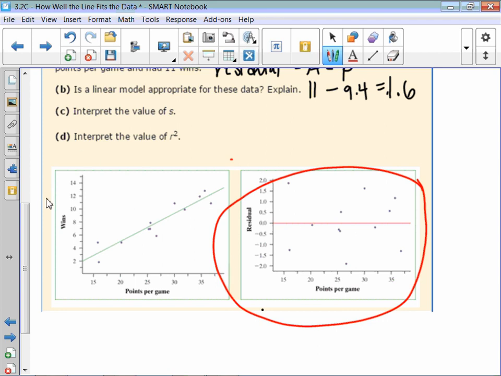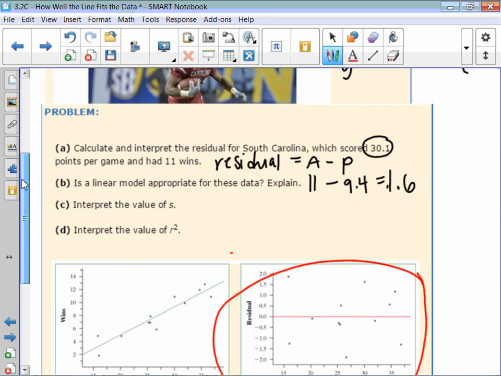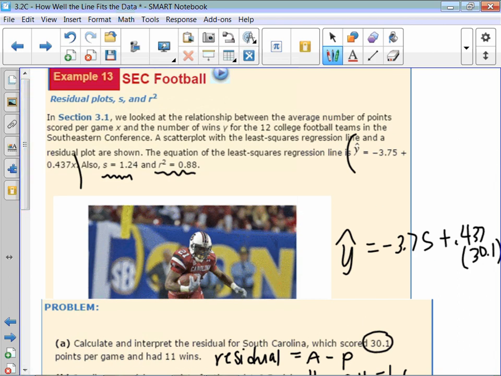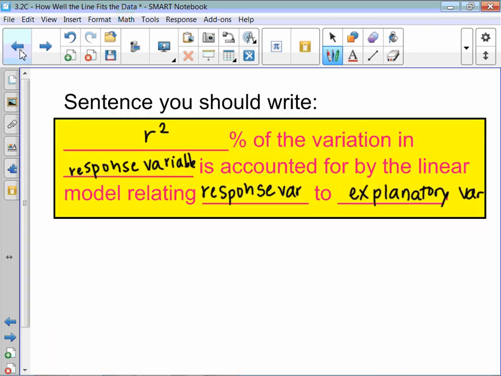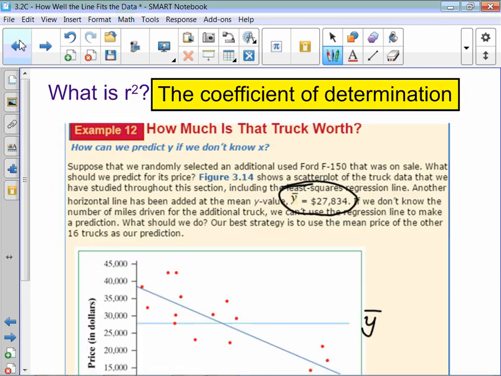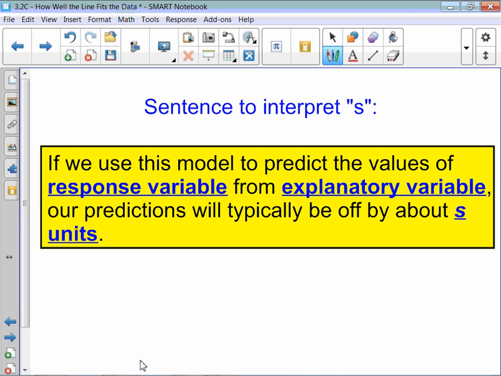All right, interpret the value of S. So here's what we just learned, how to interpret these. So S is 1.24. We're talking about points per game and wins. So who can fill in this lovely sentence for me and tell me how to interpret S in the context of this problem? And S is 1.24. Olivia, what do you think?